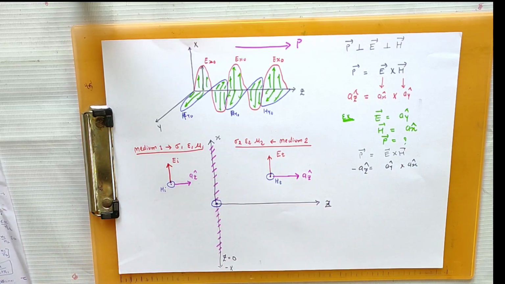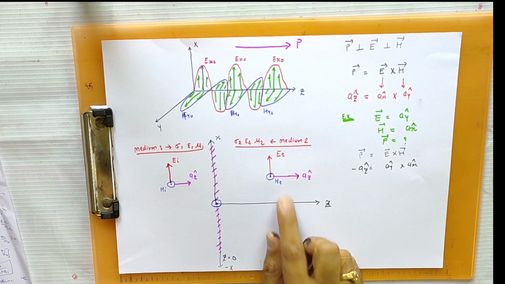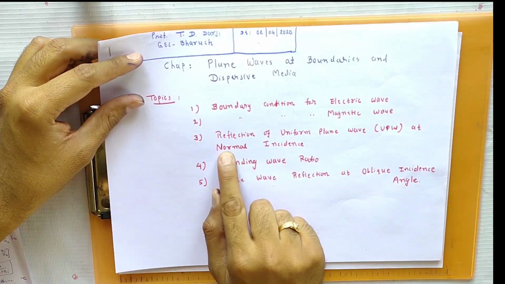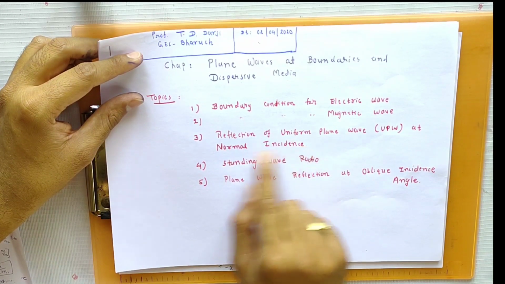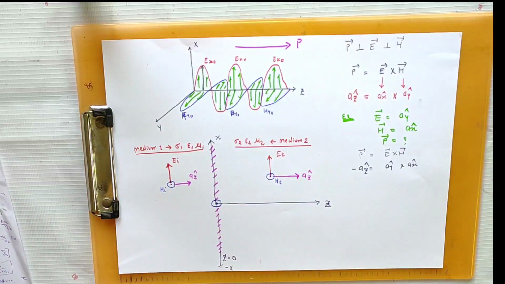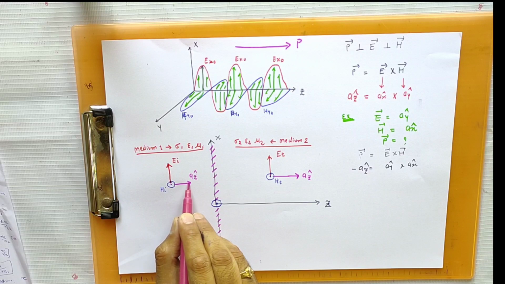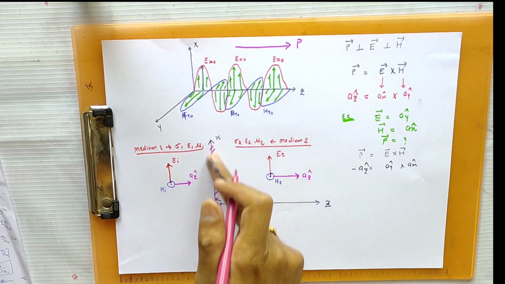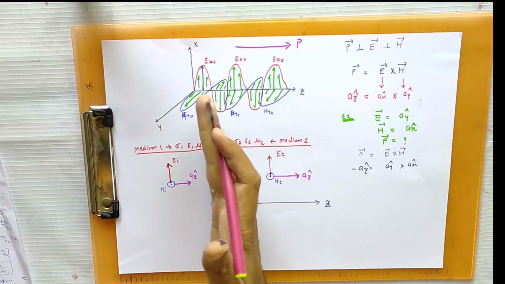This type of incidence is known as normal incidence. What do we mean by normal incidence? Normal incidence means perpendicular incidence. You can observe that the propagation direction is directly perpendicular to the Z equals 0 plane.